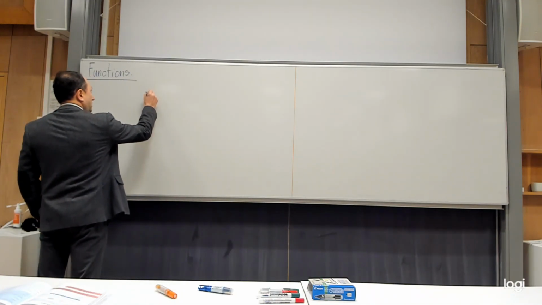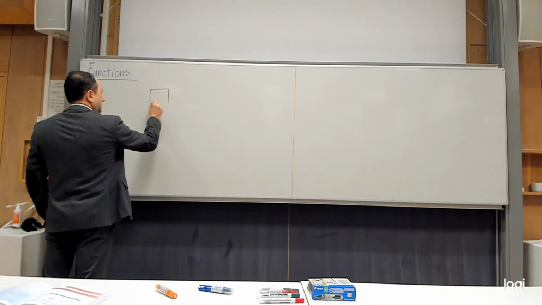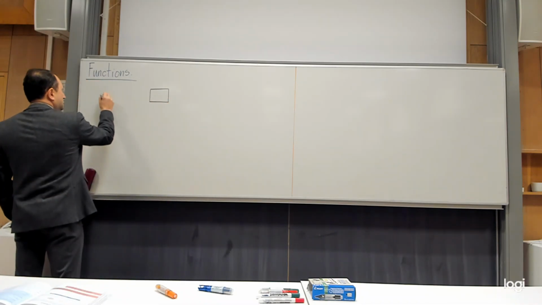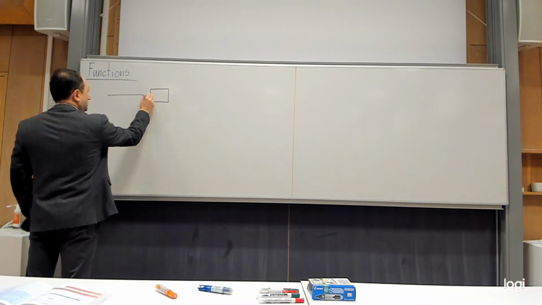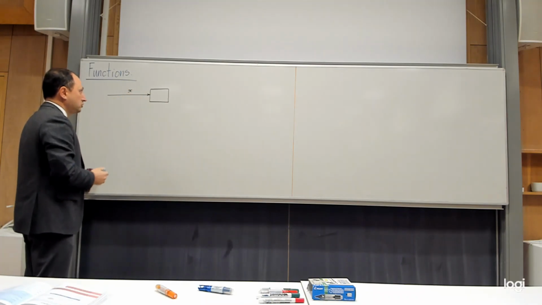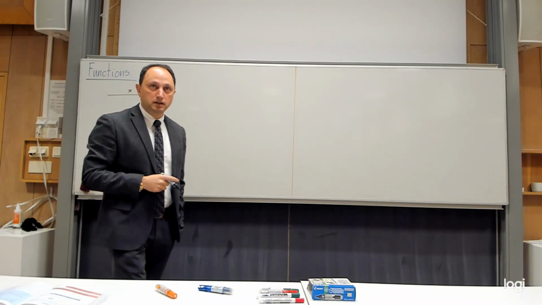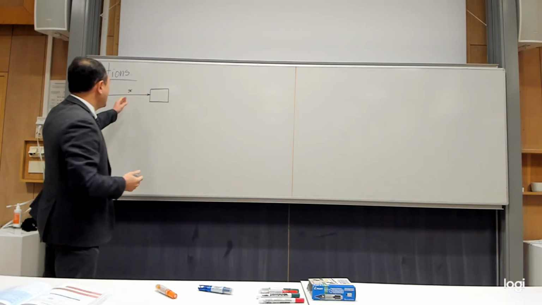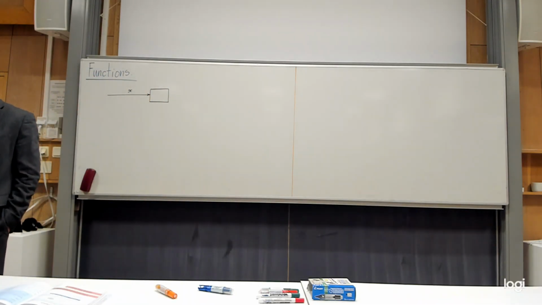So you have a box, this is your machine. In this box, you send an input, any piece of information, anything you can imagine. It can be an object, it can be a number, it can be a letter or whatever, yes?